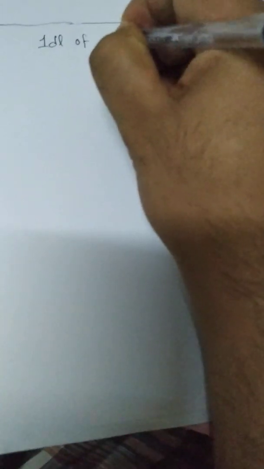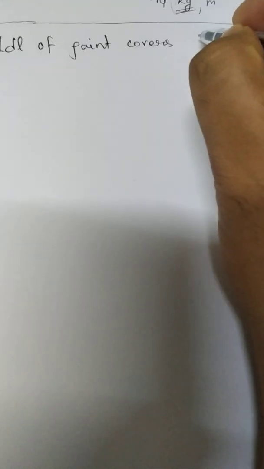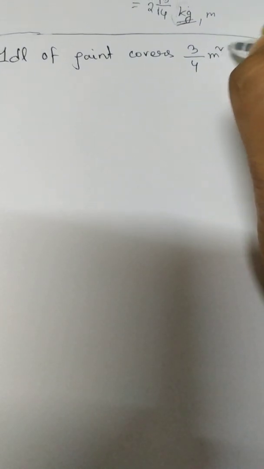1 deciliter of paint covers 3 by 4 meter square of a board.